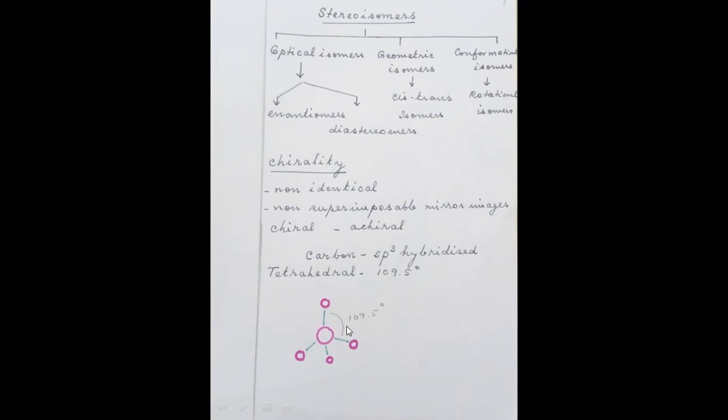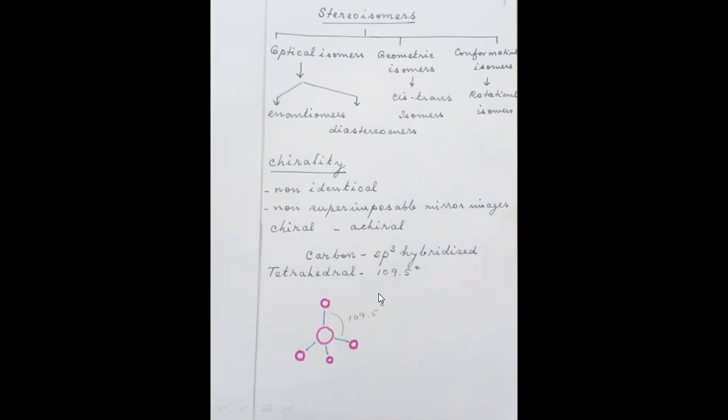Superimpose means you are taking one more molecule like this and exactly keeping one over the other in such a way that the carbon and all other groups get matched and superimposed.